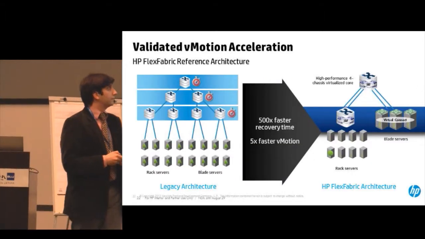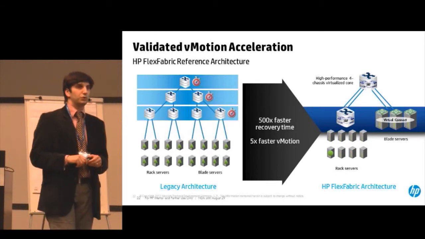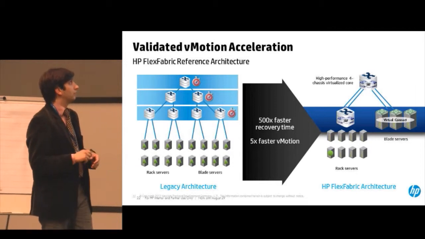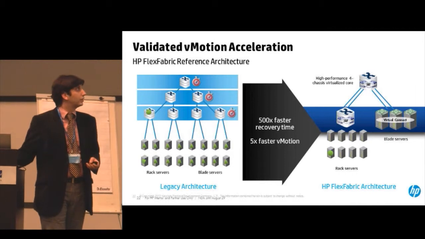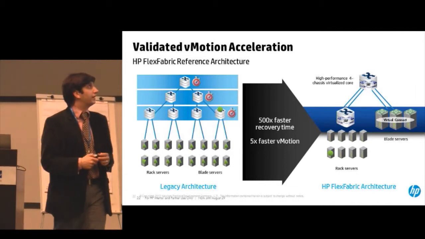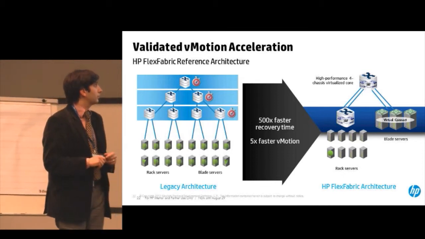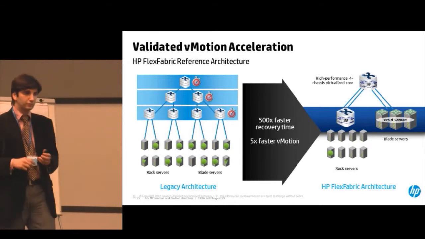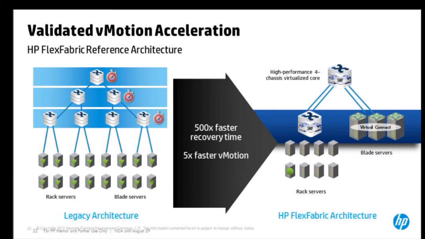Because when we apply the classical hierarchical network design to virtual infrastructures, we make this server-to-server traffic go up the hierarchy and consume the uplink bandwidth, and this creates additional latency, and it's also not really good for the performance of your networking infrastructure.